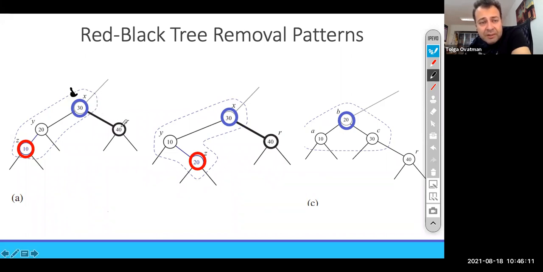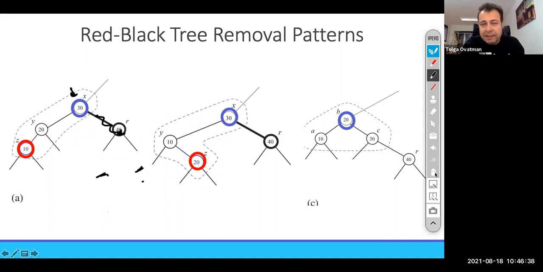But if you got to remove this node on the right-hand side, you can be sure that there is going to be an imbalance in terms of the number of black nodes towards the root, because for all the elements in here, one of the inner black nodes is going out. So the number of black nodes until the root is actually being reduced by 1, which causes the imbalance.